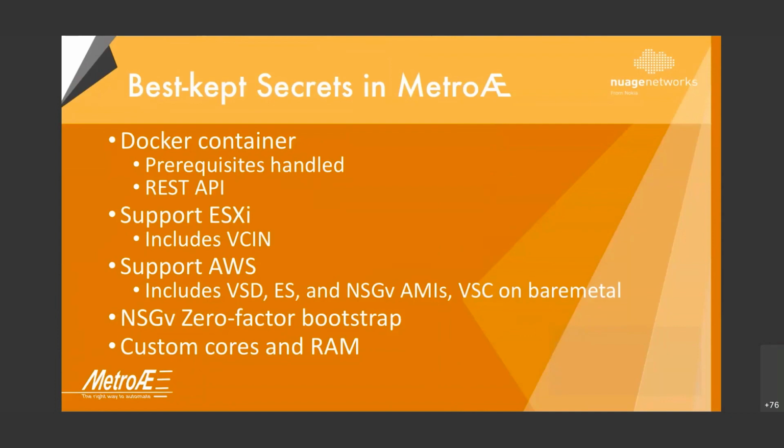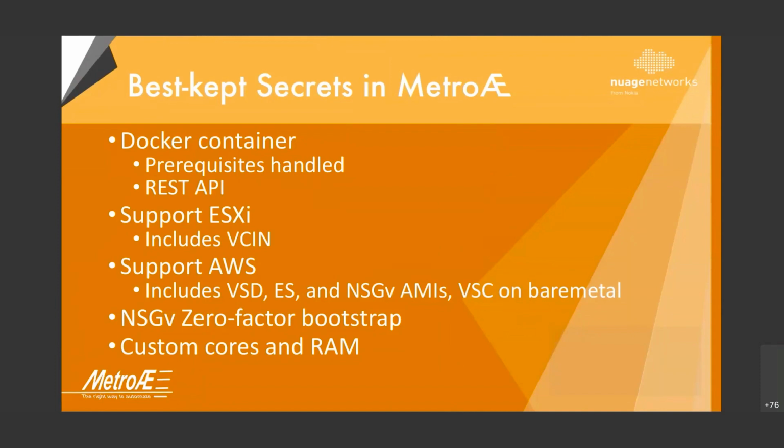We do, in fact, ship MetroAE in a Docker container. That's great for environments where you don't want to need to have the prerequisites of MetroAE satisfied, and we'll do that for you.